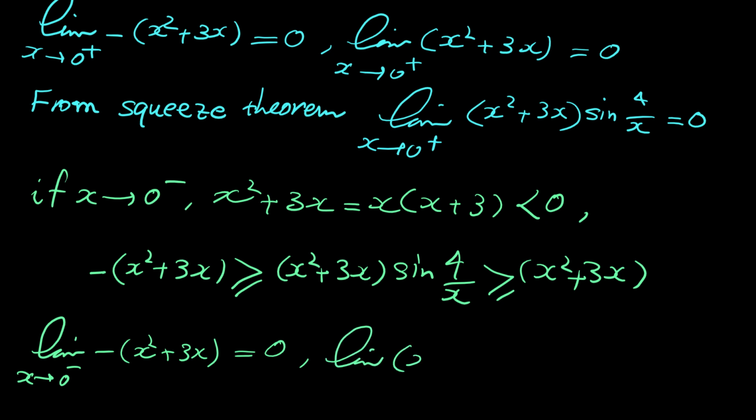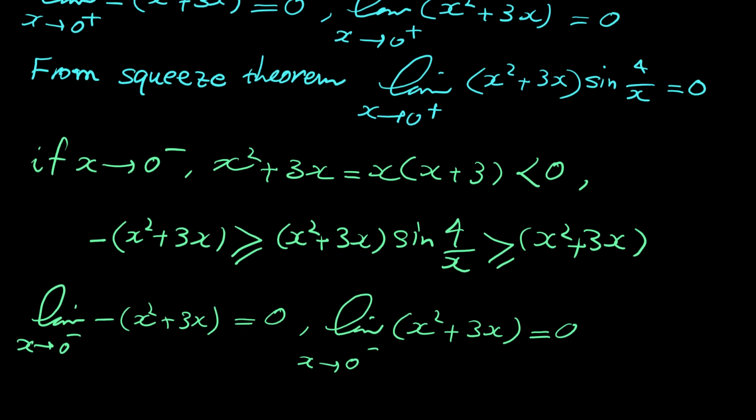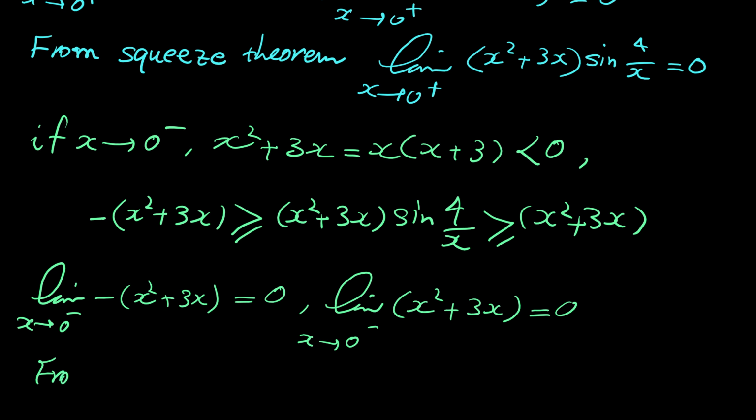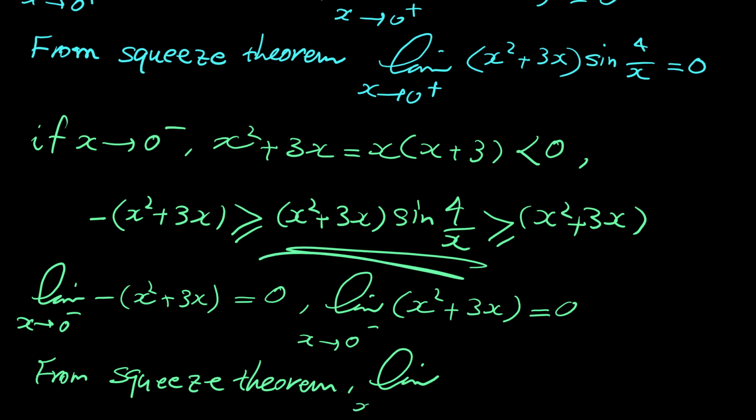The limit of x^2 + 3x when x approaches 0 from the left is also 0. So from the Squeeze Theorem, we can conclude that the limit of the middle function when x approaches 0 from the left is also 0.